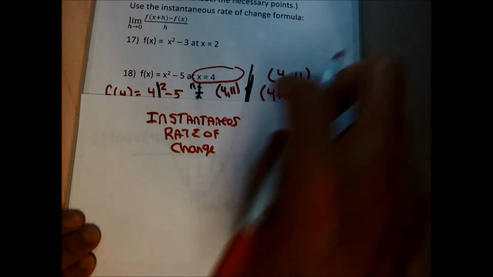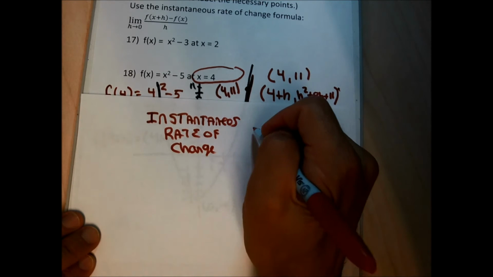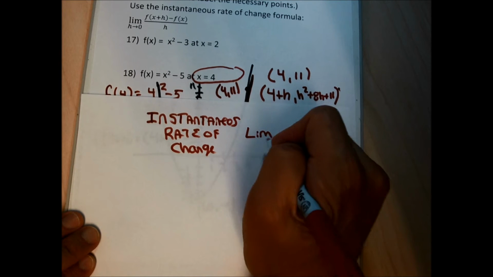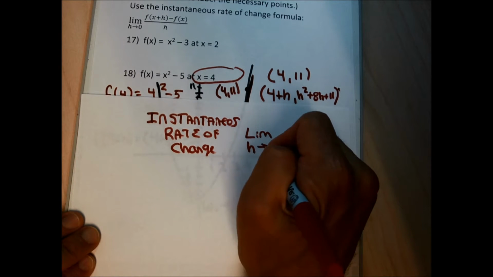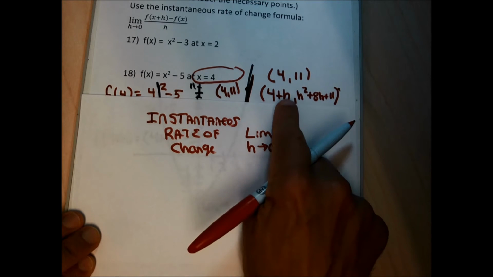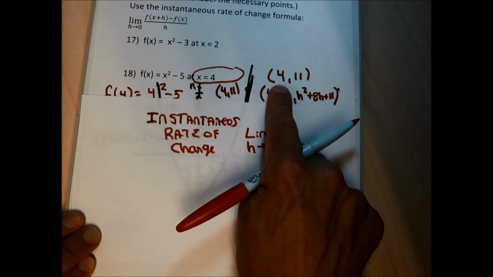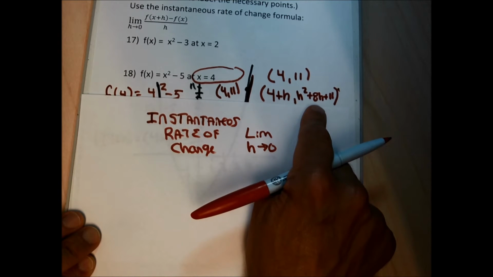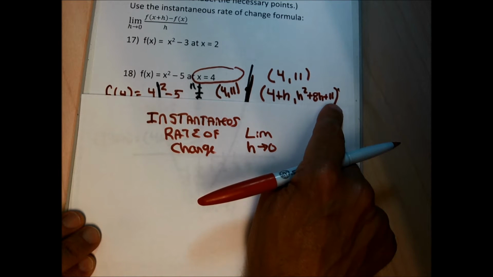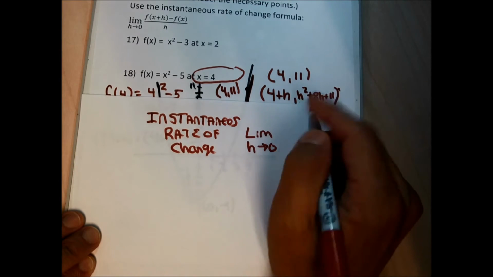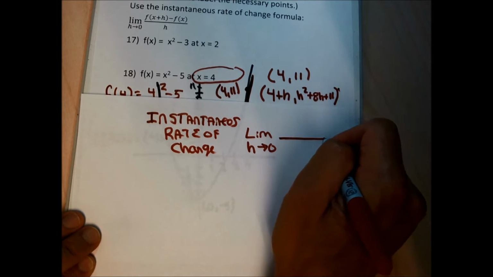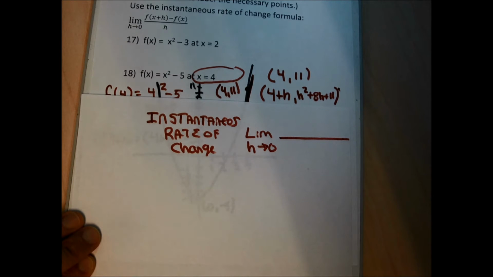It's finding the slope of the line between those 2 points, but making the second point as close to the first point as possible. If I plugged in 0 for the h's, I'd get 4 plus 0, which is 4, and 0 squared plus 8 times 0 plus 11, which is 11. I'd get the point (4, 11). So what I'm doing is finding the average rate of change between 2 points, and I'm using calculus to make these points as close as we can possibly be.